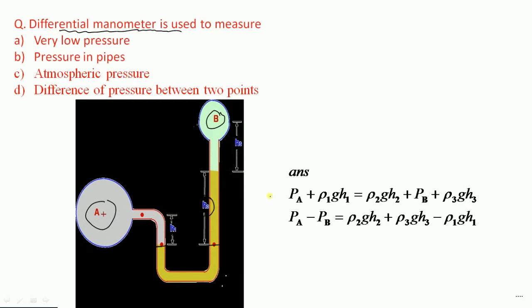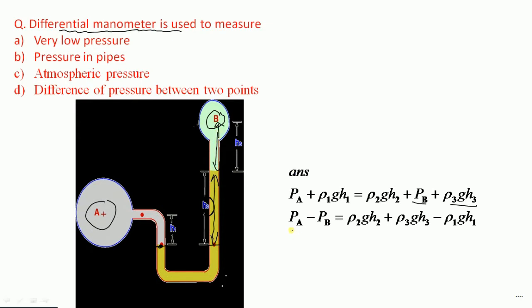So here we can write PA plus rho 1 g H1 up to this point is equal to rho 2 g H2 for this mercury rise with the height of H2 plus PB plus rho 3 g H3 because of this height.